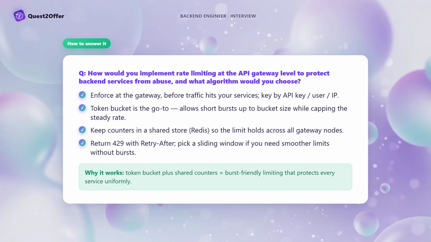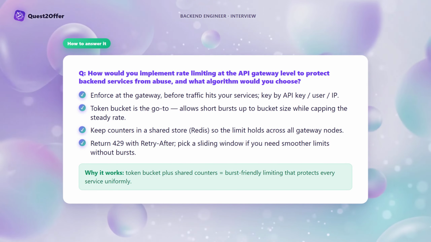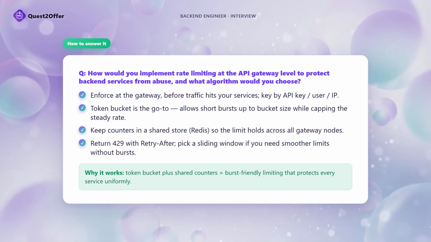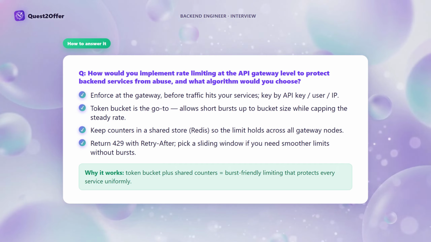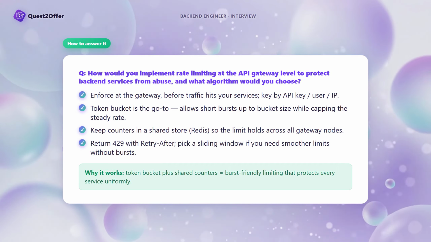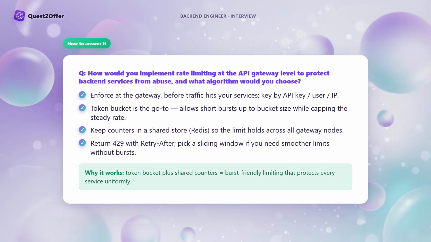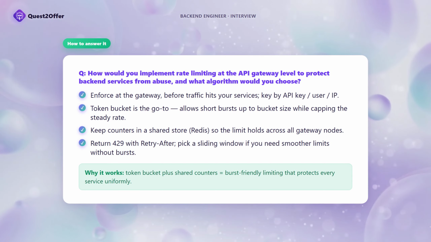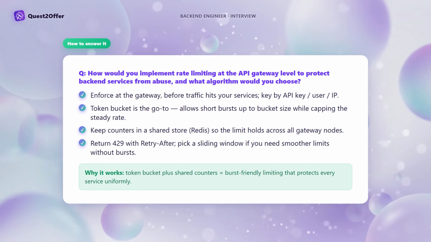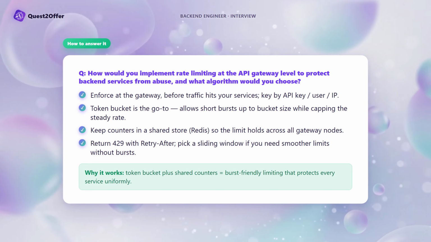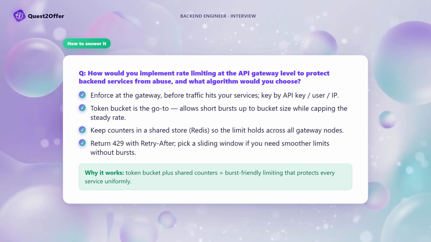Token bucket is the standard. It allows short bursts up to the bucket size while capping the steady rate. Keep the counters in Redis so the limit holds across every gateway node, not per instance. Return 429 with retry after, and switch to a sliding window if you need smoother limits without bursts.